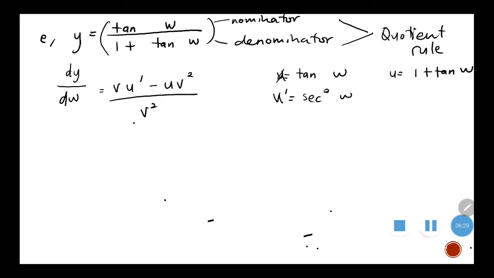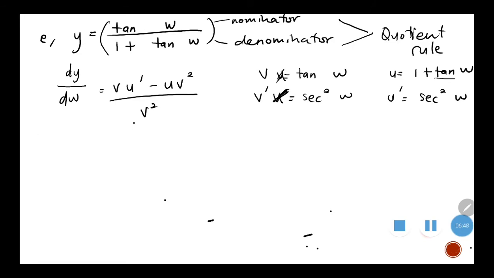Sorry, oh my gosh, this is v and this is v prime, and this is u and this is u prime. So differentiate u, u prime is secant squared w. Differentiate v, differentiate 1, you will get 0, and differentiate tan w, you will get secant squared w.